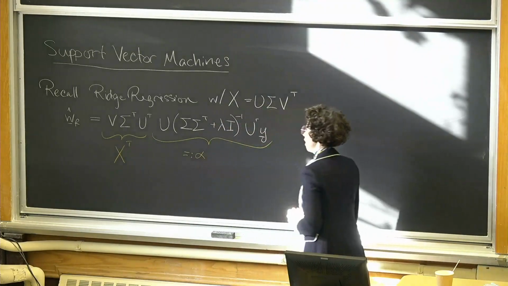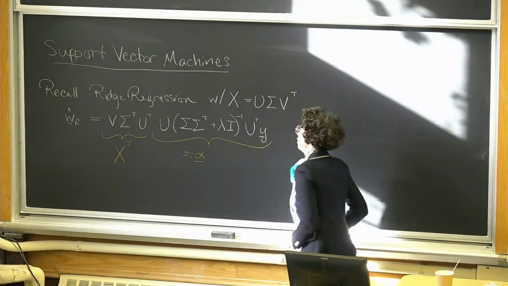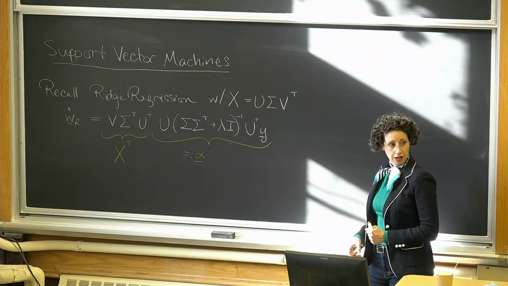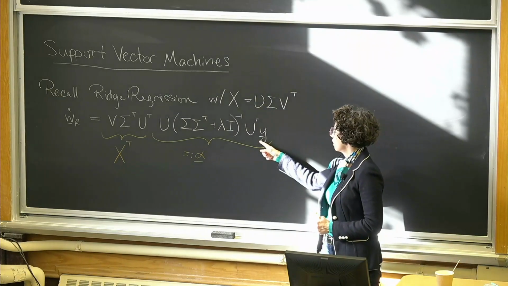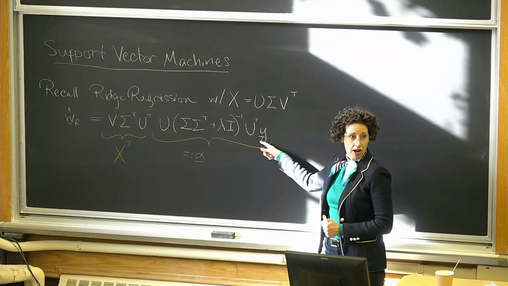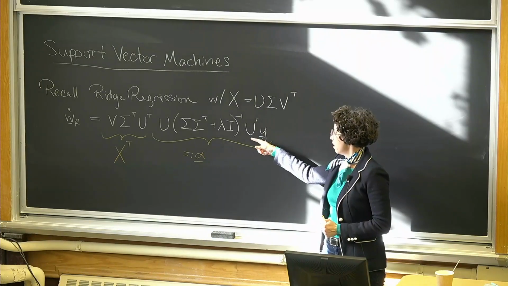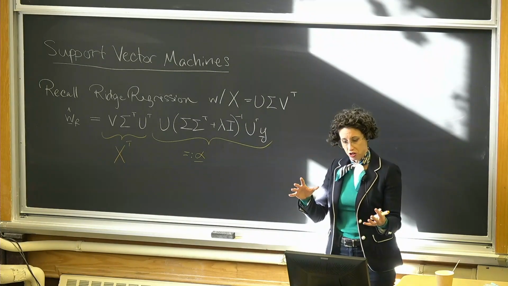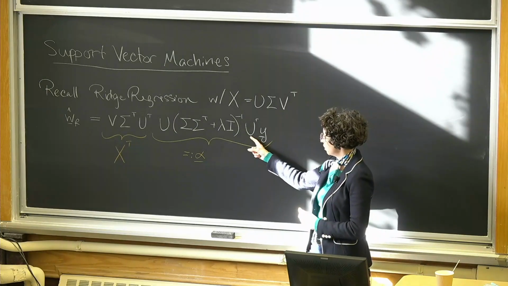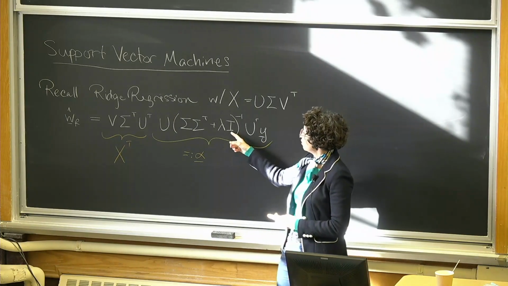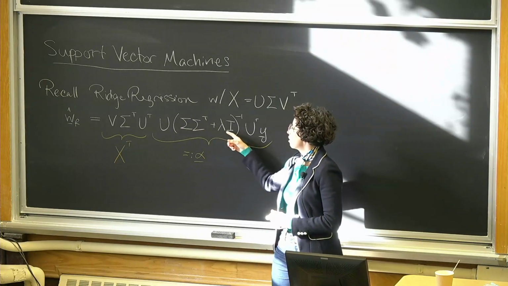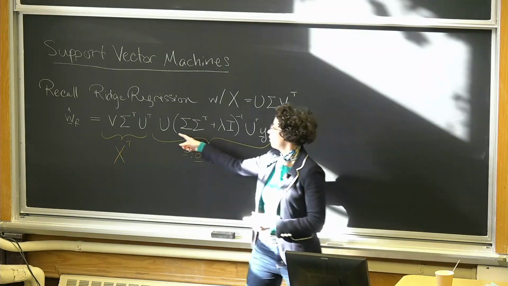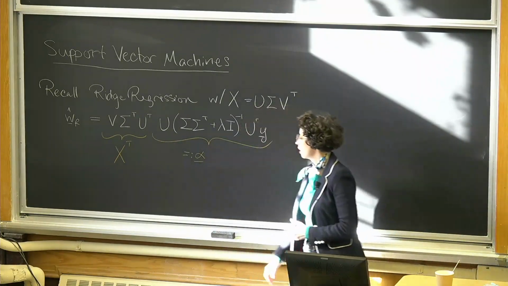So we are defining alpha, the vector alpha, to be this product. And if we think about what's happening here, we are taking the vector of labels y from our training data. Then we are applying this orthogonal transformation. You can think about it perhaps as a rotation. Then in that rotated space, we are reweighting each one of the coordinates, and then we're undoing that rotation.